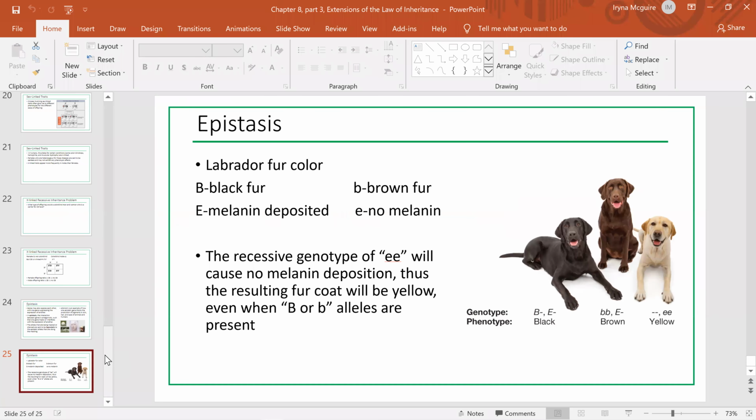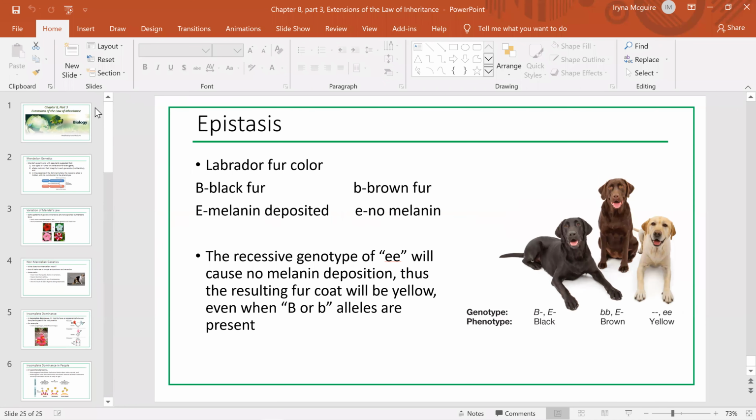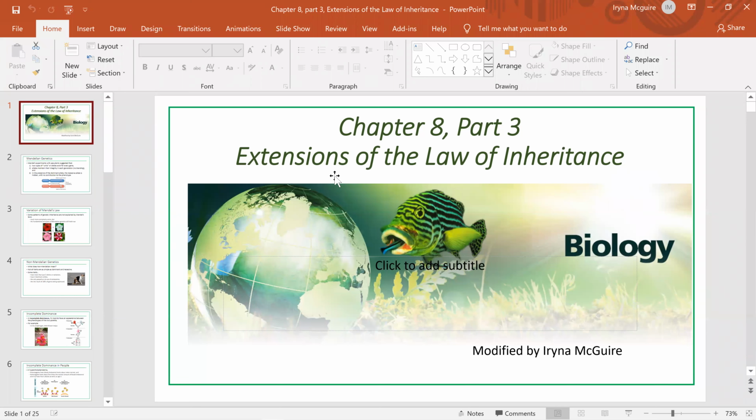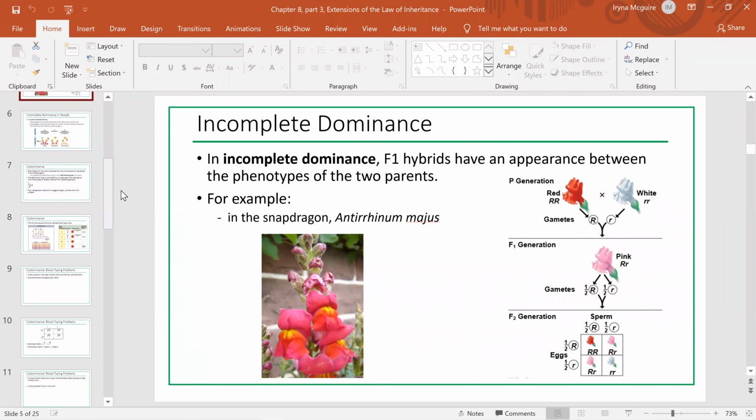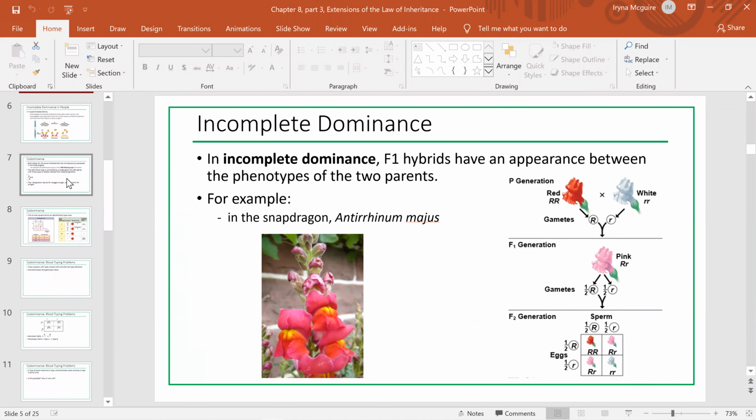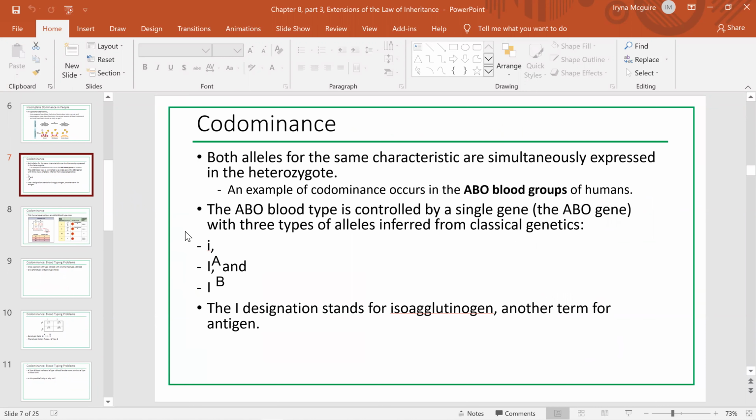Okay, this was our last slide. In this video lecture, we covered extensions of the laws of inheritance, and I'm just going to remind you very quickly: incomplete dominance. We talked about codominance, when we talked about blood type.